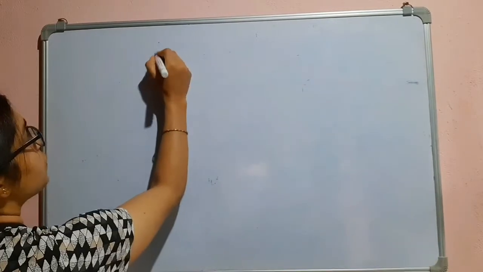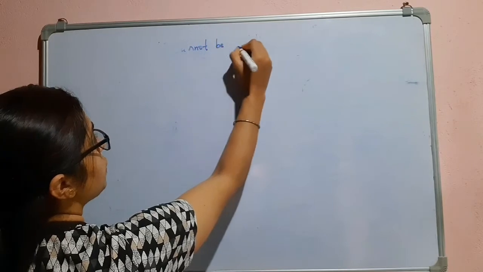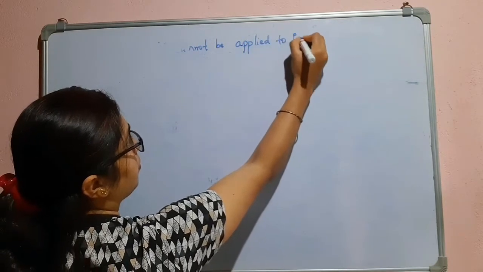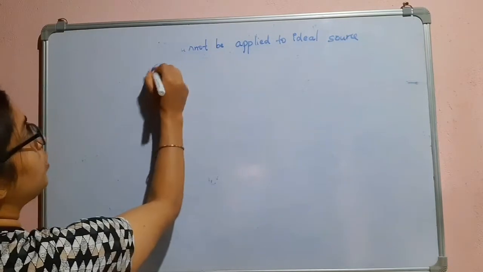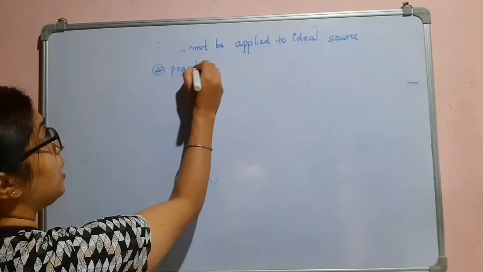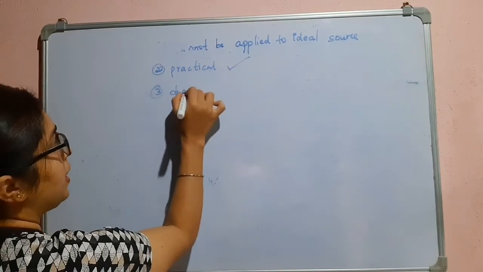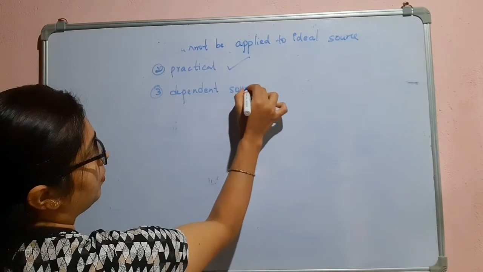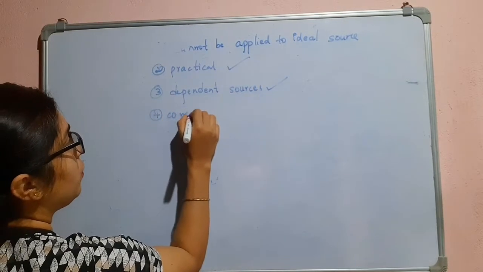So the source transformation cannot be applied to ideal sources. It can be applied to practical sources. It can be applied to the dependent sources also. It is based on the concept of equivalence.